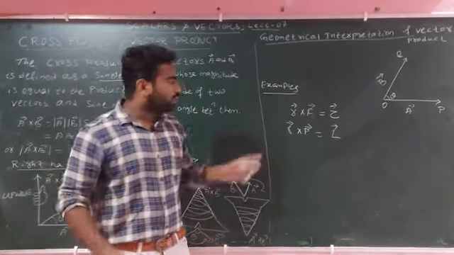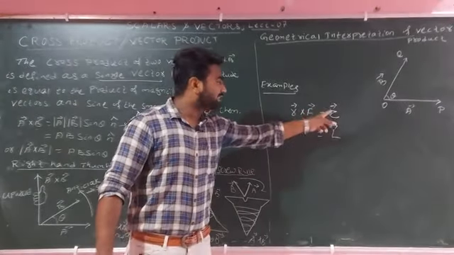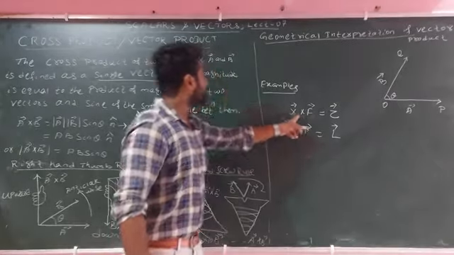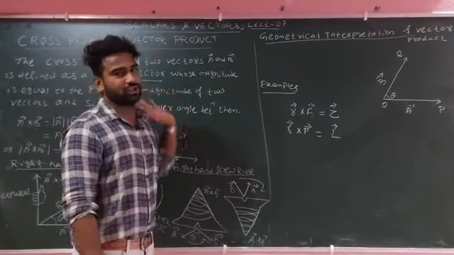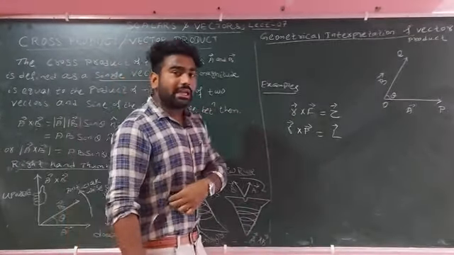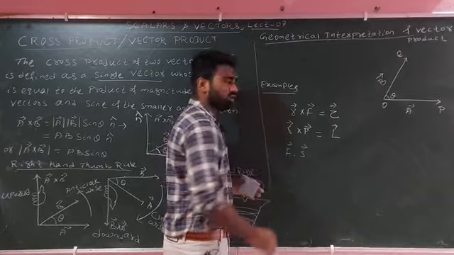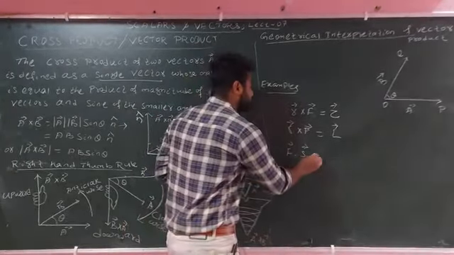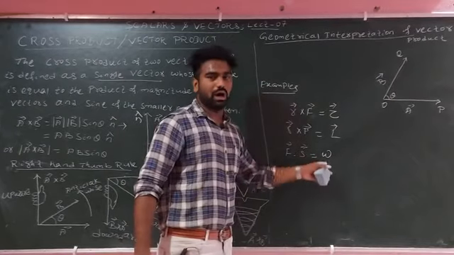Since the product of two vectors gives a vector quantity, the cross product is also known as the vector product. But in the case of a dot product, like force being a vector and displacement being another vector, when a dot is operated between force and displacement, it gives a scalar quantity, work.